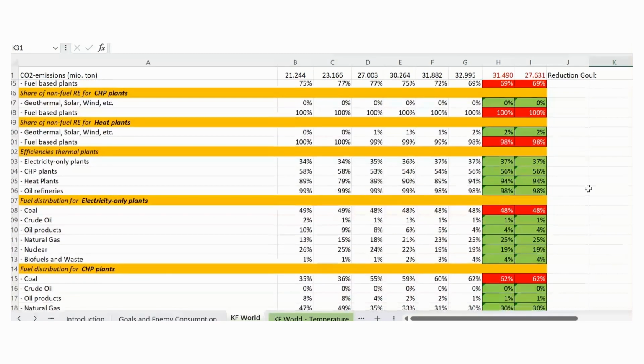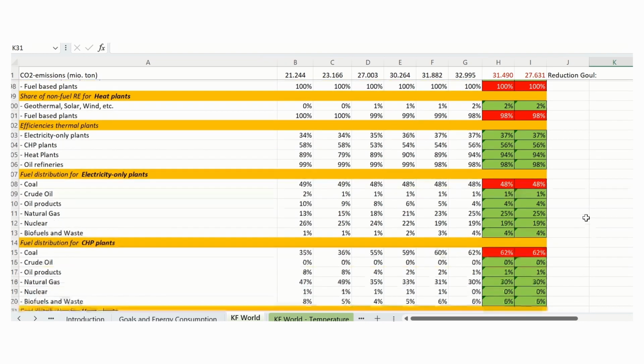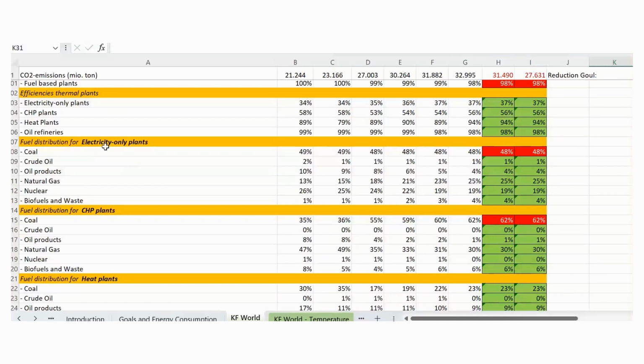The next thing you fill in here is the efficiency of the different power technologies. This you fill in here, and then for the electricity-only plants that are based on fuel, you fill in here the distribution between the different kinds of fuels.